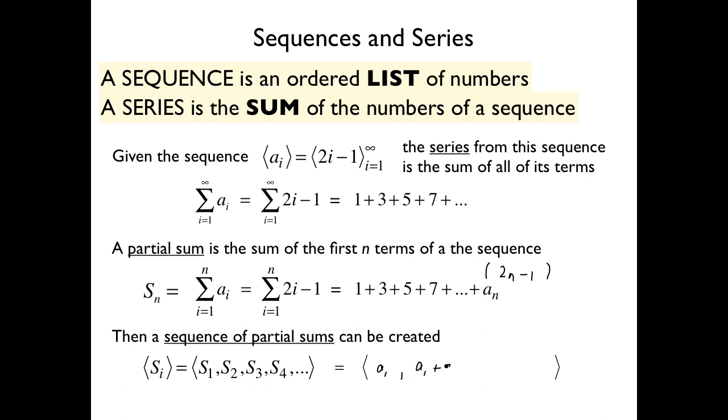The second term is the second partial sum, A1 plus A2. The third term is the sum of the first three terms. Next term, the sum of the first four.